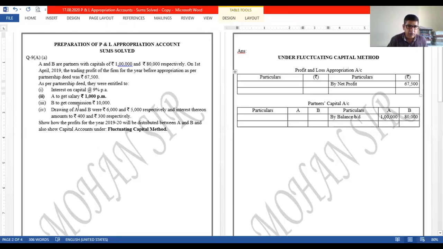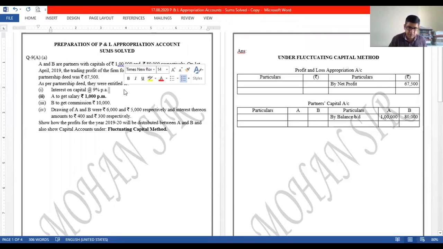They were entitled to the following. The first adjustment can be seen as interest on capital at the rate of 9% per annum. The capitals we know are 1,00,000 and 80,000. 9% of 1,00,000 will be 9,000 and 80,000 ka 9% will be 8 9s are 72. Okay. Now it is an appropriation.